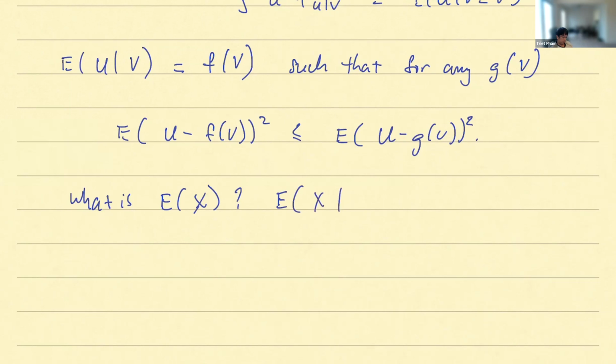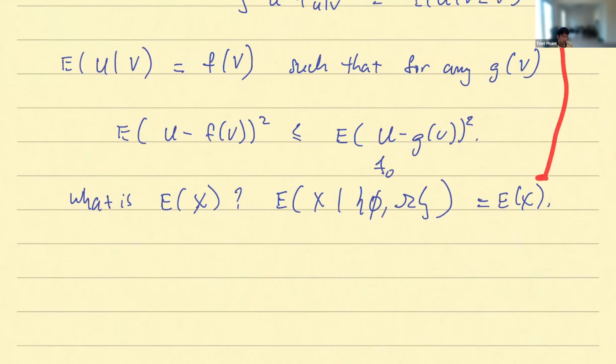But first of all, at least I hope you know this: if you condition on the trivial filtration, then it's really expectation. This is usually F0. So you could really use the top framework.